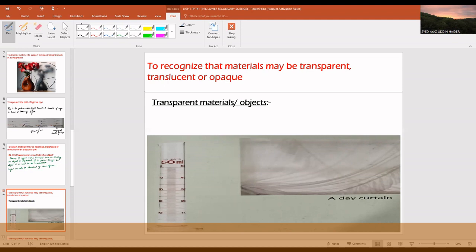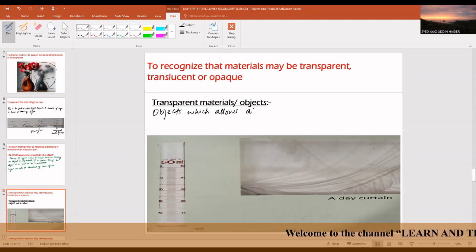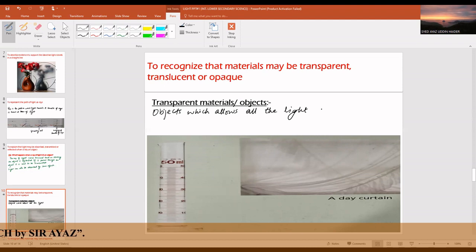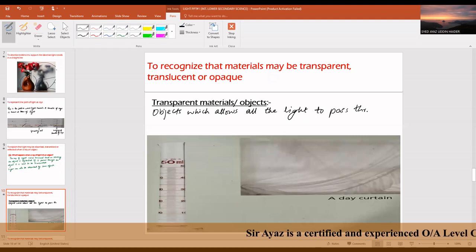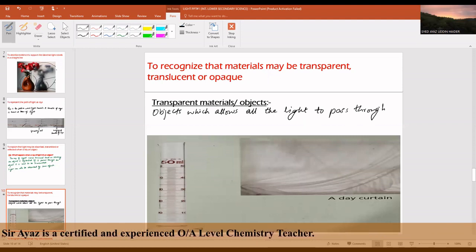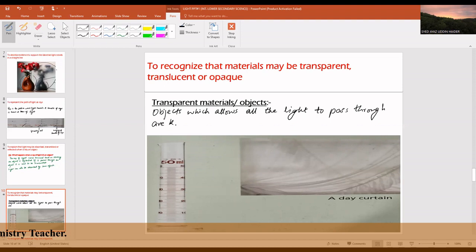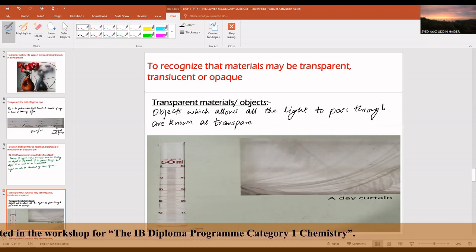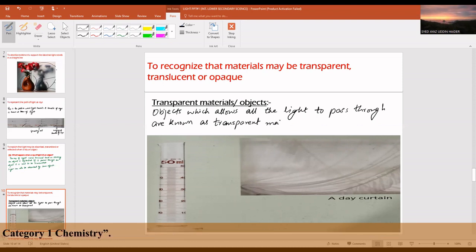So I will write: objects which allow all the light to pass through are known as transparent materials or objects.